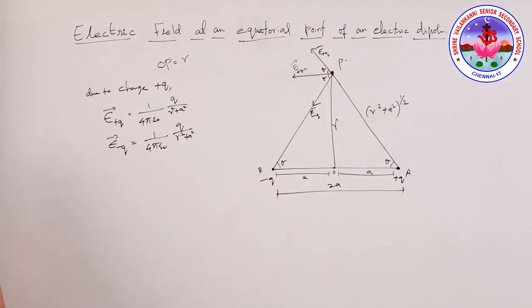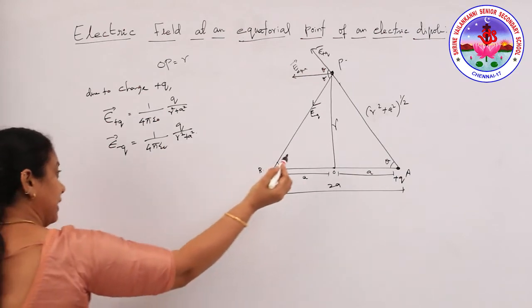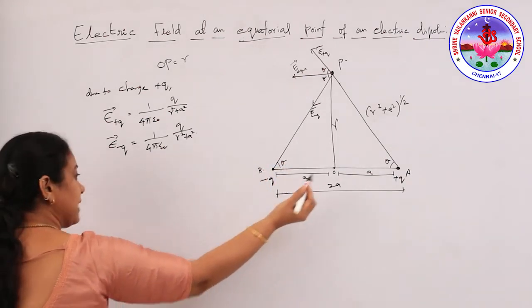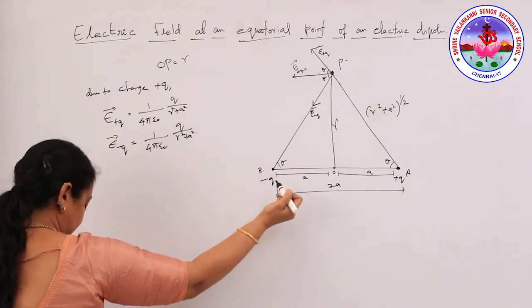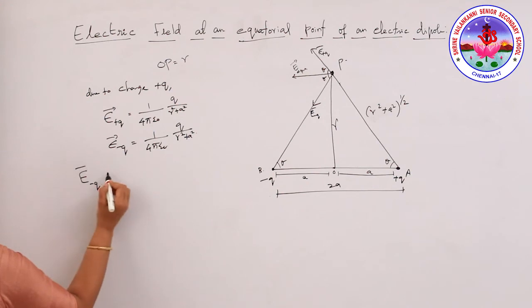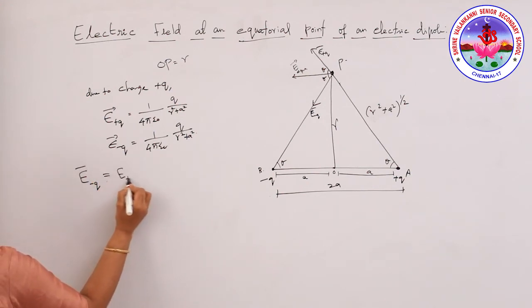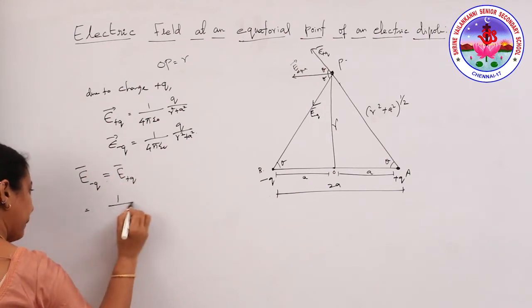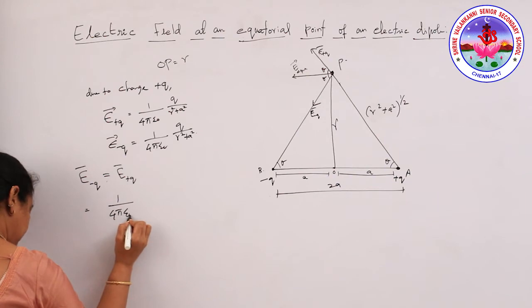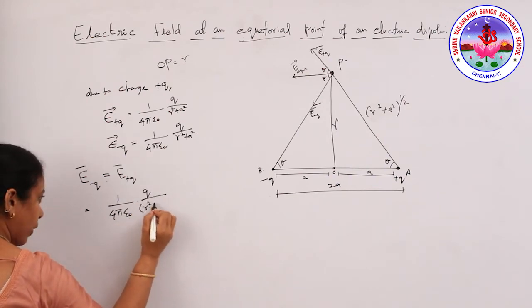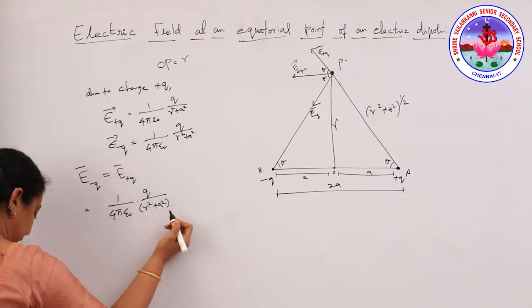Now, you need to know clearly that the magnitudes of E minus Q and E plus Q are equal, right. So, you can take E minus Q equal to E plus Q, which we can write as 1 by 4 pi epsilon naught into Q by R square plus A square, right.